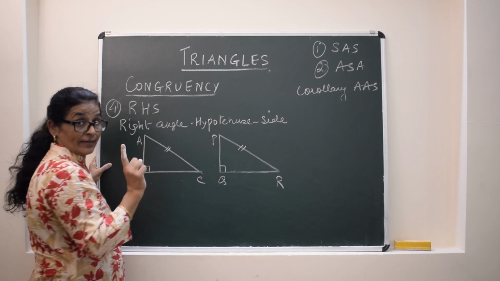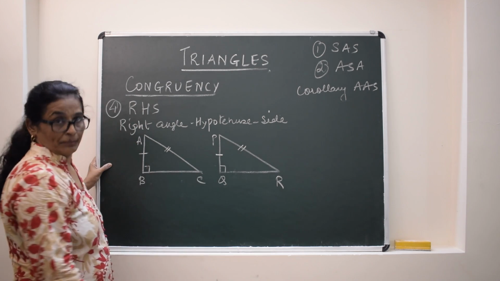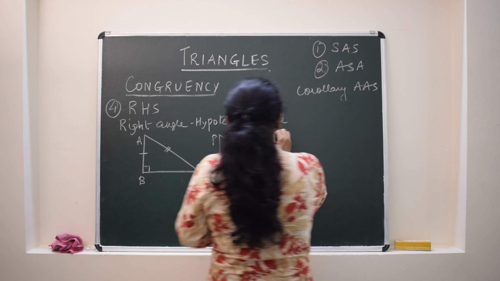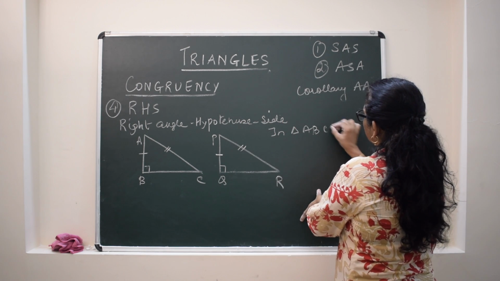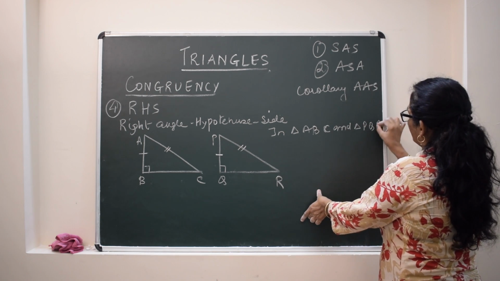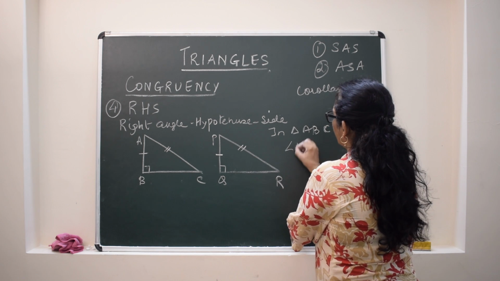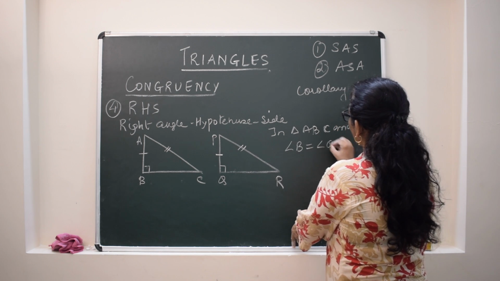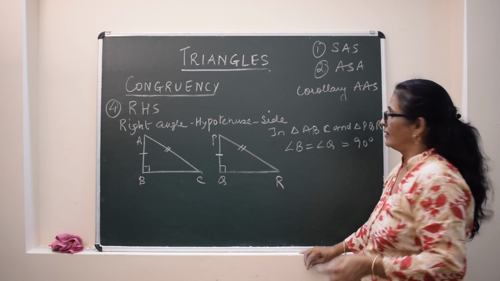Any one side we have to take. So suppose we are taking AB is equal to PQ. So what will we write? In triangle ABC and triangle PQR, 3 elements are there. That is, angle B is equal to angle Q and also mention that it is a right angle.